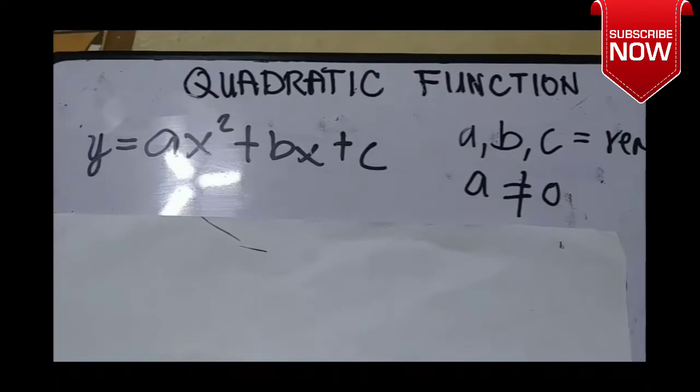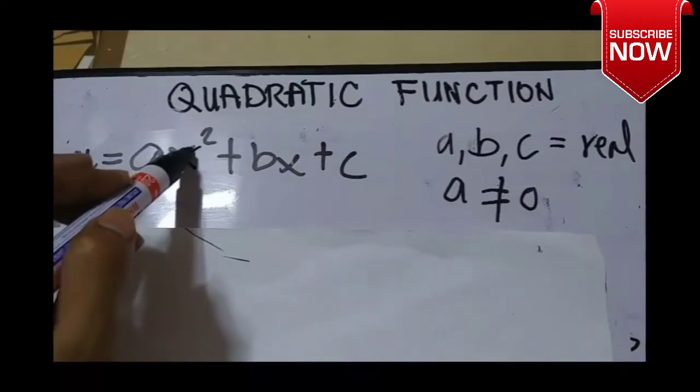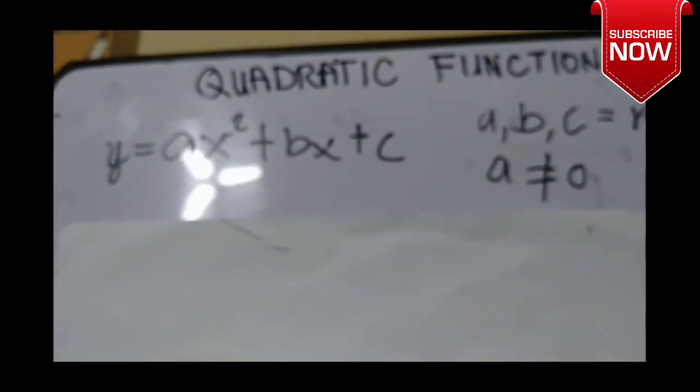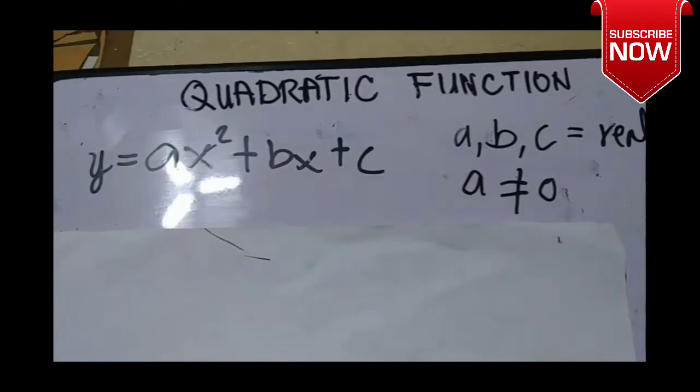So lahat ng numbers na nasa left side ng x squared, yan ang tinatawag na coefficient. So sa pag-solve ng quadratic function, ito ay nasa-separate into two.